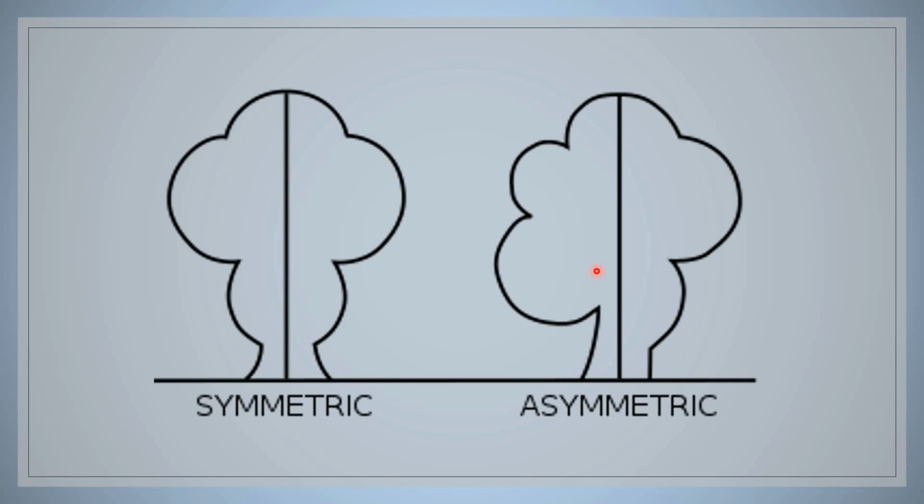Symmetric is something that when you draw a line of symmetry, both the sides look exactly the same. Whereas in the case of asymmetric, both the sides look different even though you draw a line of symmetry.